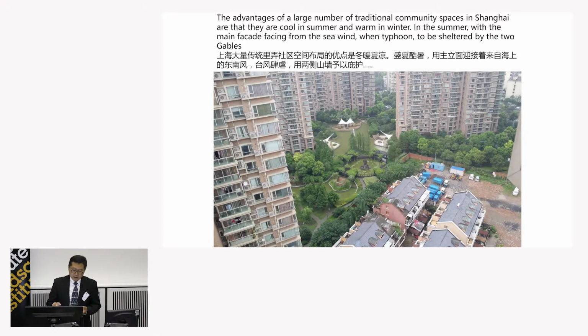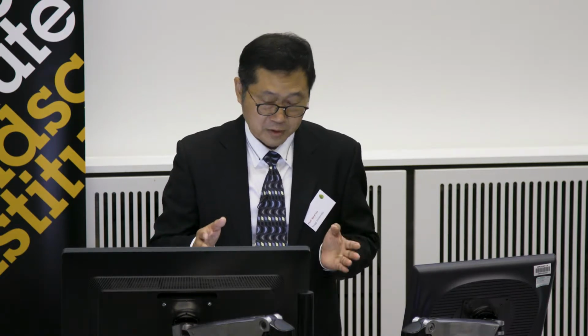So here, just for location, the orientation, the difference, and all these kinds of buildings and the surroundings can make you feel very hot in summer, very cold in winter time.